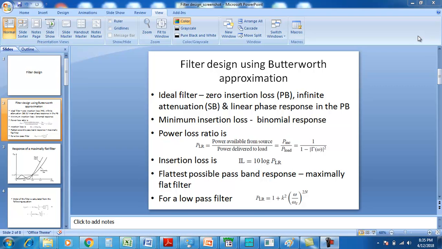To design a maximally flat filter, the PLR, or power loss ratio, is 1 plus k square into (omega by omega c) to the power of 2n, where n is the order of the filter, omega is the instantaneous frequency, and omega c is the cutoff frequency. 1 plus k square is used to fix the passband ripple of the filter.